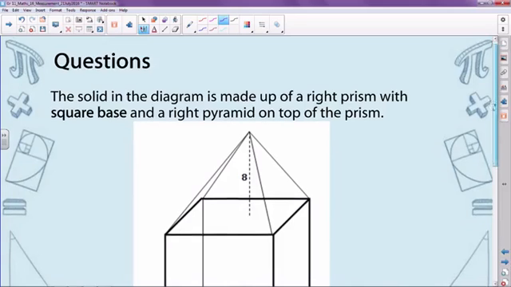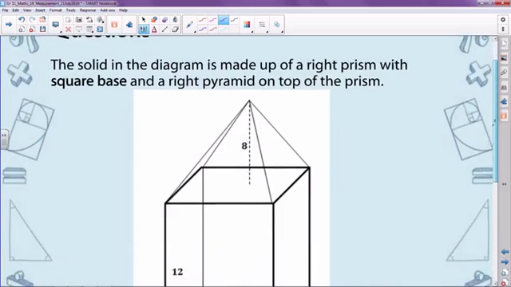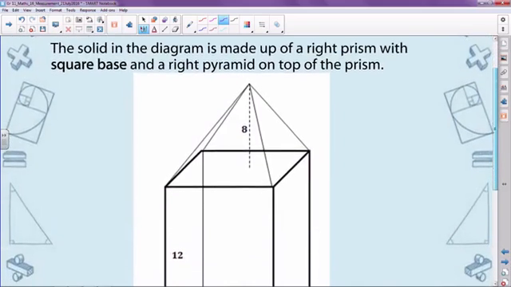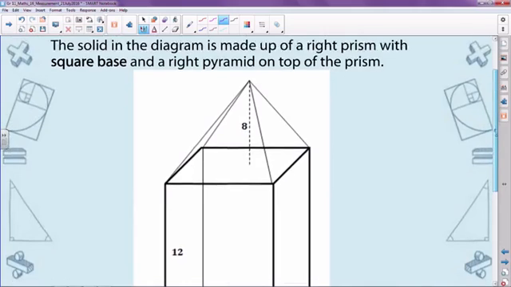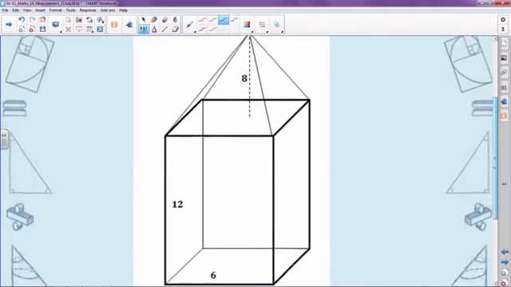Now, let's look at the questions. It says, the solid in the diagram is made up of a right prism with square base and a right pyramid on top. So you've got a pyramid there on top, and then that height is 8.